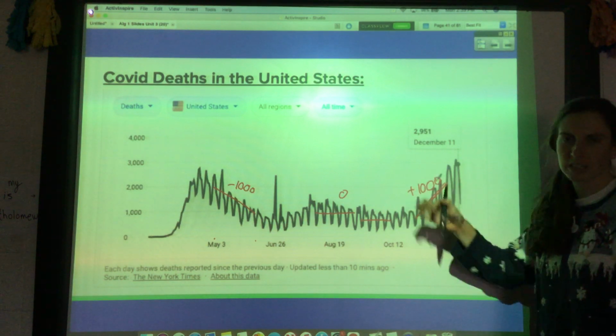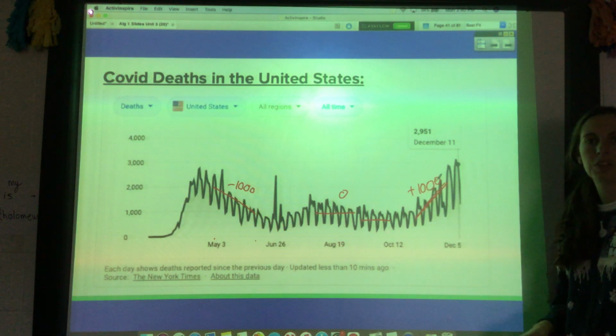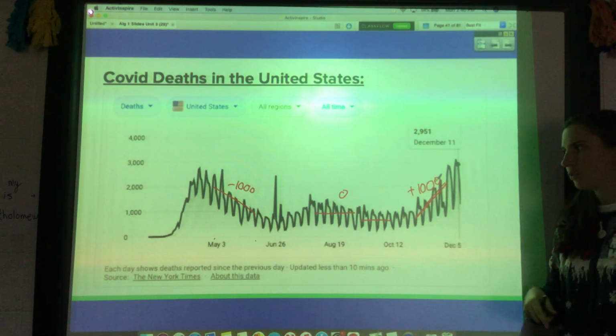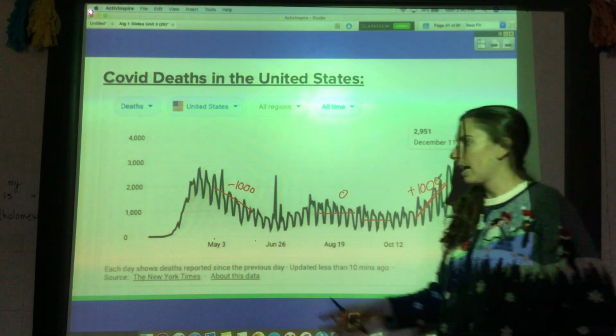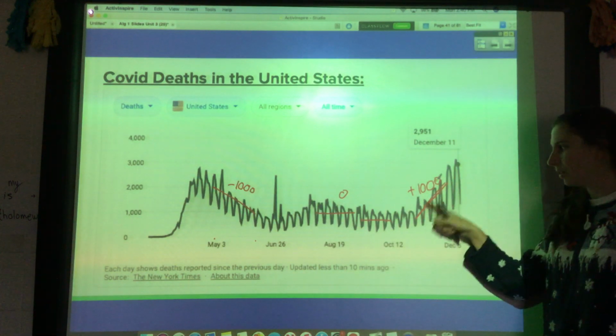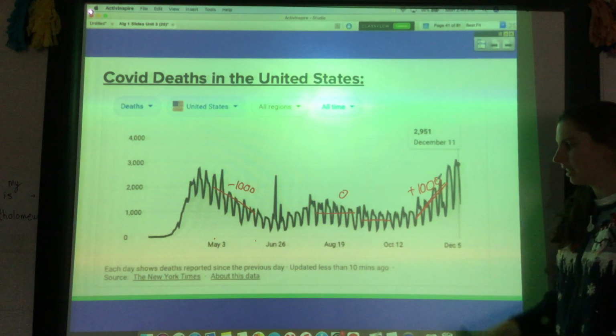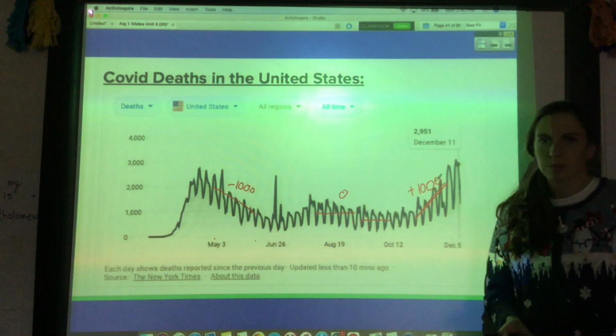I'm just guesstimating the change, but I can definitely compare these. In May it was decreasing by about 1,000, whereas in November it was increasing by about 1,000. In August and September, there wasn't much change.